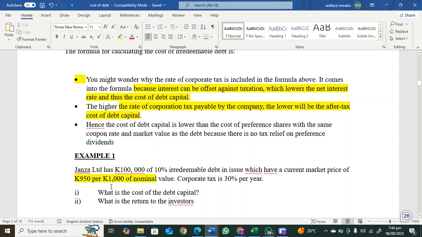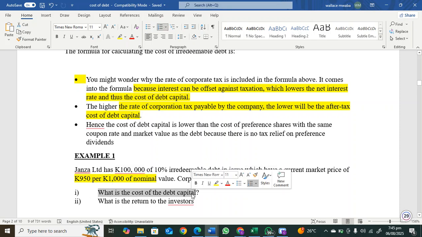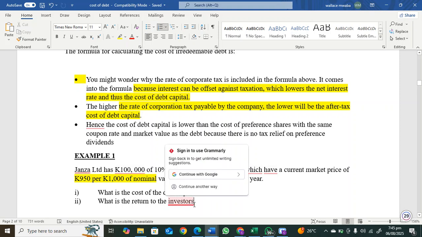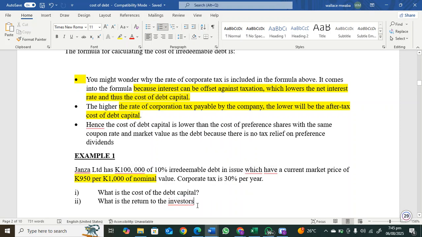The first thing we need to find is the cost of debt capital. What's the cost of debt to this company? Then they also ask what is the return to the investors? When they ask for the cost of the debt capital, you're looking at it on the business side.